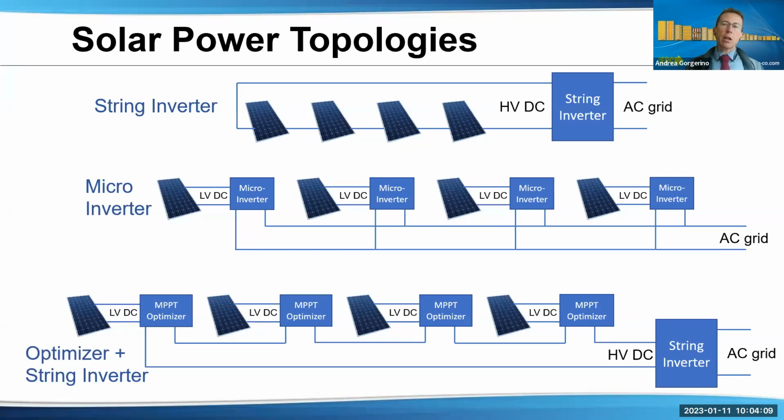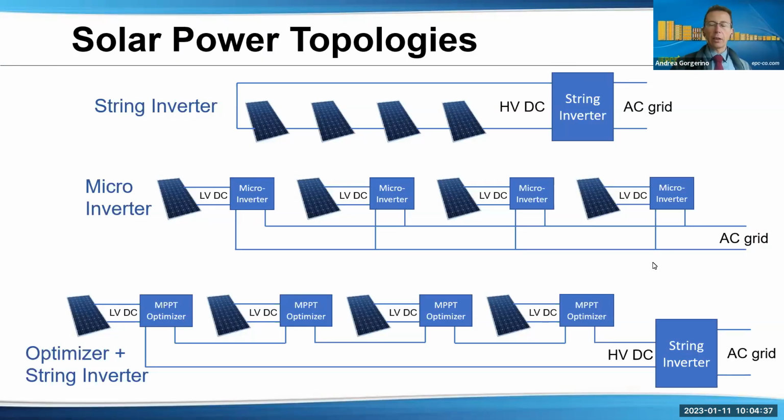AC here typically is around 220 volts RMS, and that's why it's more used in the smaller systems. The last option is an optimizer plus string inverter. It combines a little bit of both. Each panel is connected to an MPPT optimizer, which is still a DC system. They're all put in series and they all tie into a string inverter, similar to the first case.